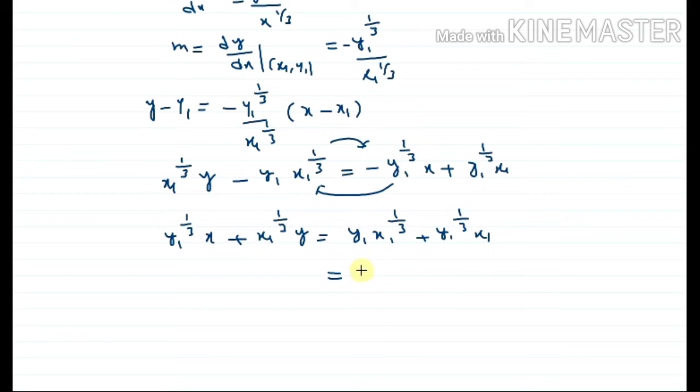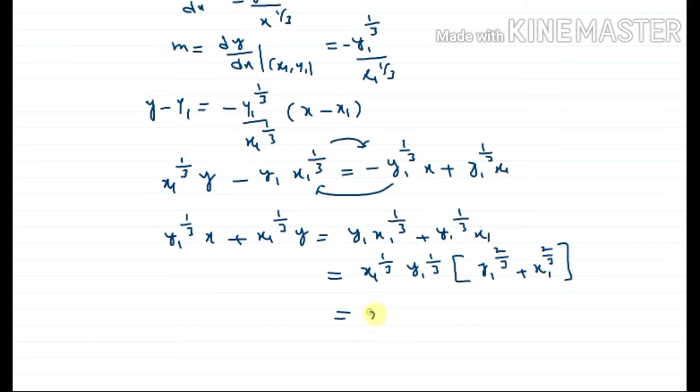From this, if I take common x1 to the power of 1 by 3 into y1 to the power of 1 by 3 common. From y1, if I take y1 to the power of 1 by 3, y1 to the power of 2 by 3 remains. Again from x1, if I take x1 to the power of 1 by 3 common, here I will get x1 to the power of 2 by 3.